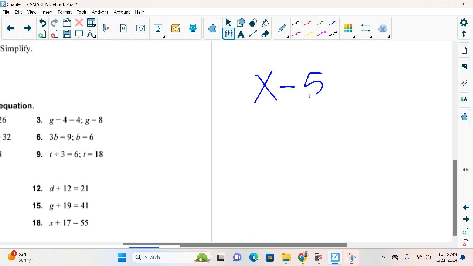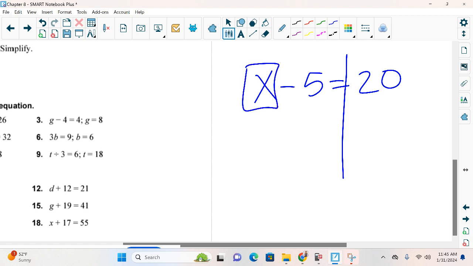X minus 5 equals 20. I think this is like the easiest. All right, if you follow the 3 steps, it's pretty easy. Chop it, box it, do the opposite. What's our opposite going to be? Add.